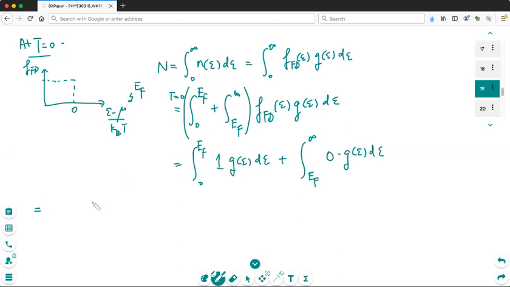So what did I want to do? I want to do this from 0 to the Fermi energy, and this 1 is just 1, I don't care anymore. And this g(ε), taking into account spin degeneracy, I will have 4πV over h cubed times 2m, square root of. This is copy and paste from before.